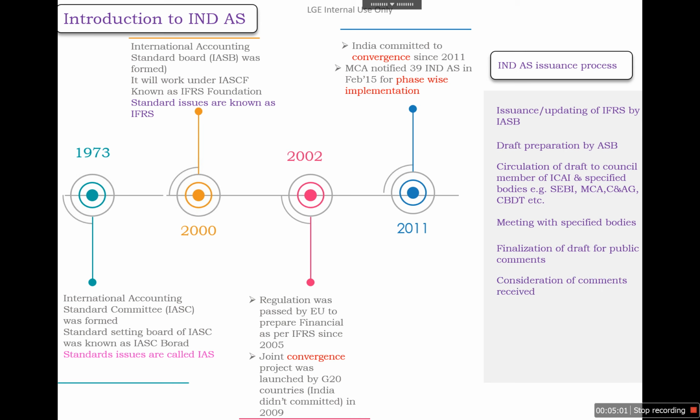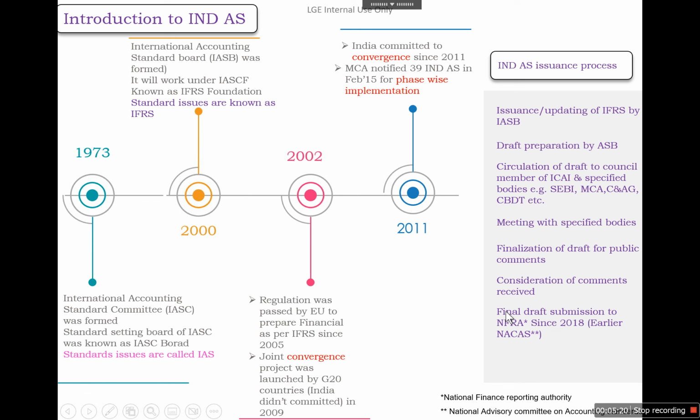And after considering the comments received from the public and the industries, the final draft is submitted to NFRA, the National Financial Reporting Authority. Earlier it was NACAS, the National Advisory Committee on Accounting Standards.